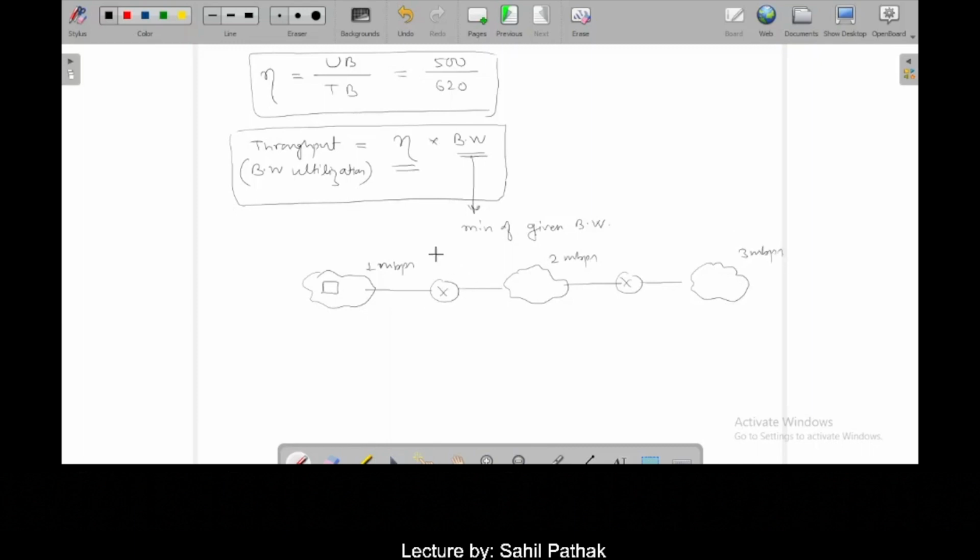Because we can be sure that 1 Mbps can be utilized in every network, for this particular example, in calculating the throughput or bandwidth utilization, you have to multiply efficiency by 1 Mbps. Okay, so that is the case.